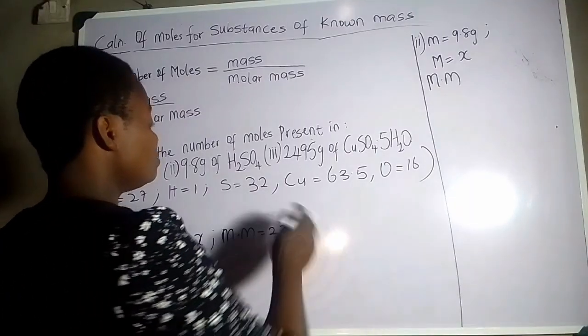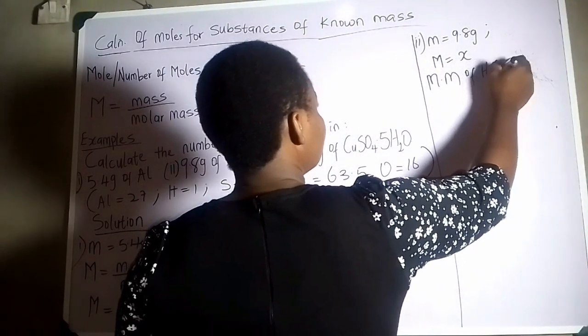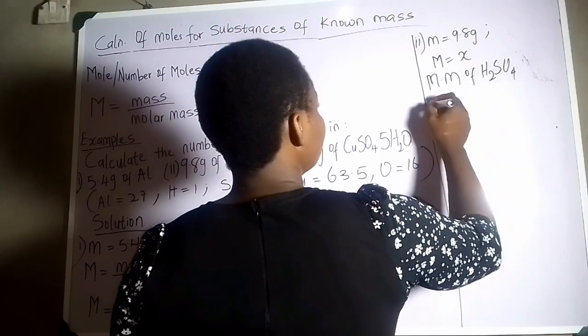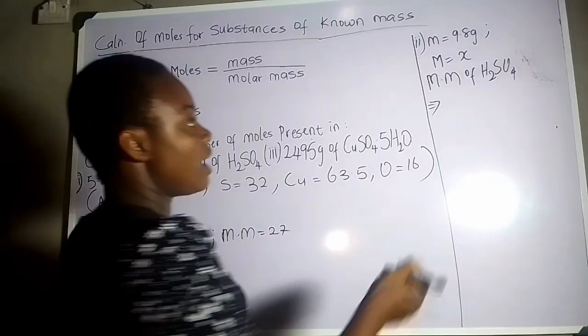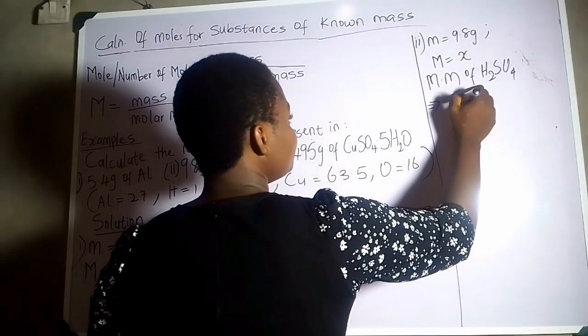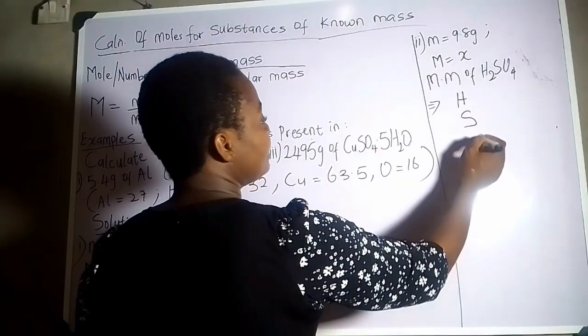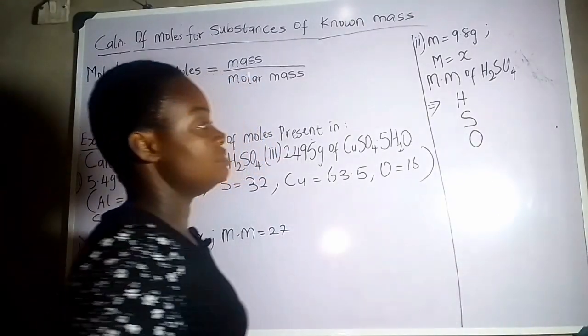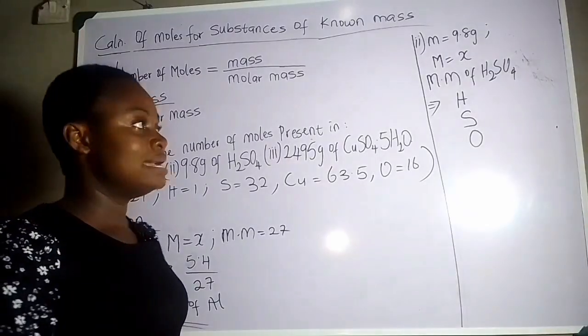Now, let's do it. We have the molar mass of H2SO4. Now, let's write out the elements that are present. We have hydrogen. Are you with me? Good. We have sulfur, and then we have oxygen. Now you ask yourself, what about these subscripts, those numbers?